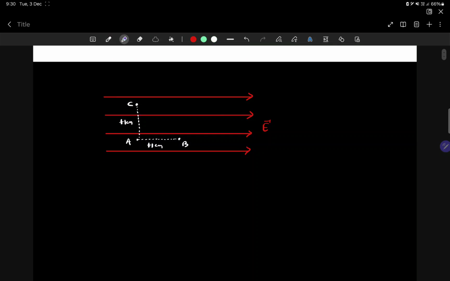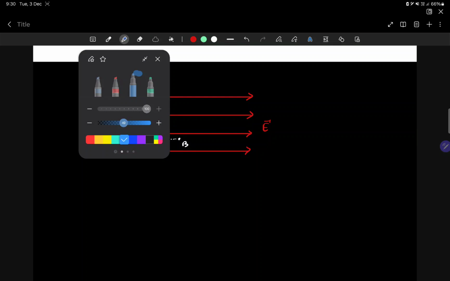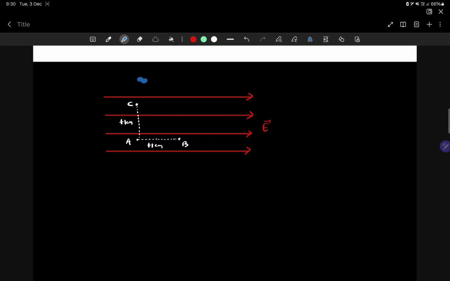So we know equipotential surfaces are perpendicular to electric field. So this dotted line represents our equipotential surface.